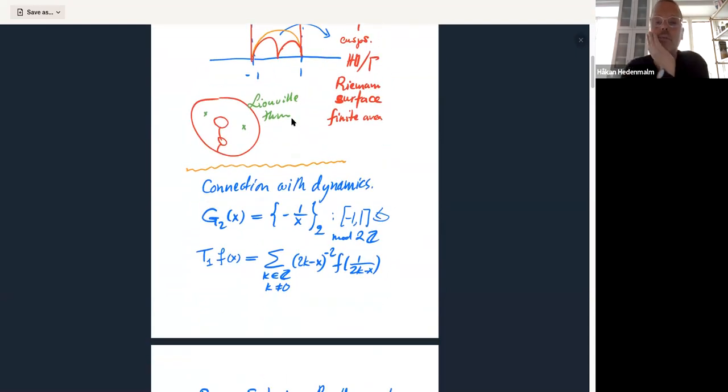And then finally, there was this connection with dynamical systems, which is what we discovered with Alfonso many years ago, actually now.